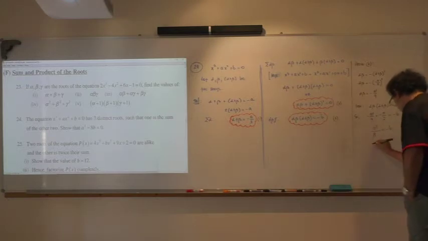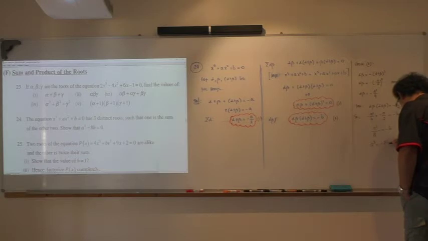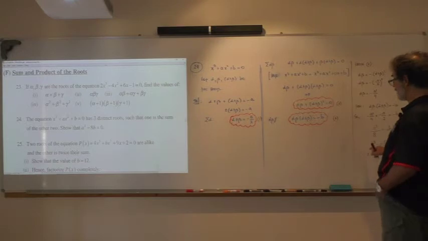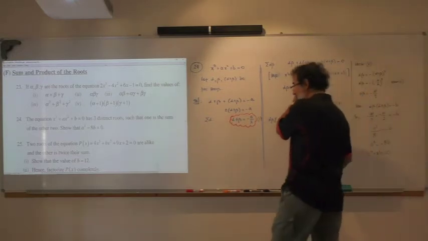And then we're going to have a cubed is equal to negative 8b. So therefore we have a cubed plus 8b equals 0. But in here we have plus and we should have minus. Okay, let's see where that is coming from.